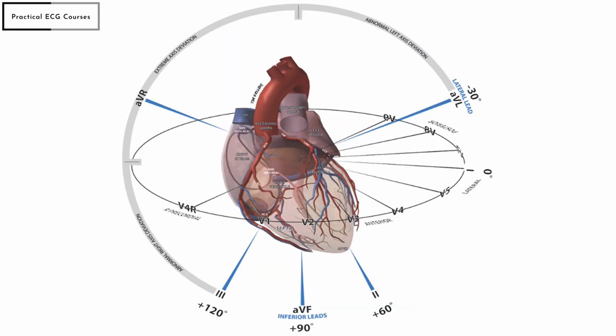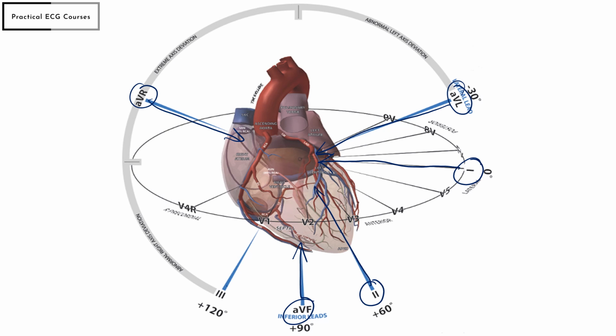This is again exactly the same thing. This picture just gives you a much better three-dimensional perspective. You have AVR looking from the right shoulder, AVL looking from the left shoulder, AVF looking from the foot. In addition, you also have lead 1 looking from the left side, lead 2 looking at the heart from the bottom left, and lead 3 looking at the heart from the bottom right.